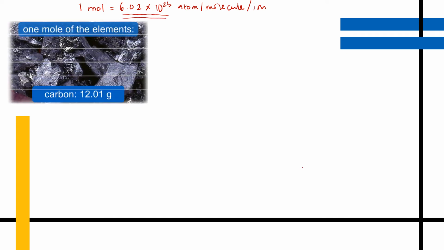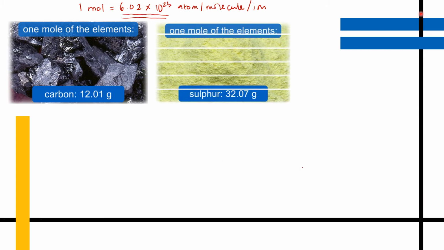So first, we're going to look for carbon. Kalau tengok dekat carbon dekat sini, we have 1 mole of carbon, yang mana ada 6.02 darab 10 kuasa 23 atom carbon, berat dia adalah 12.01 gram. Next, if I have 1 mole of sulfur, berat dia adalah 32.07 gram.